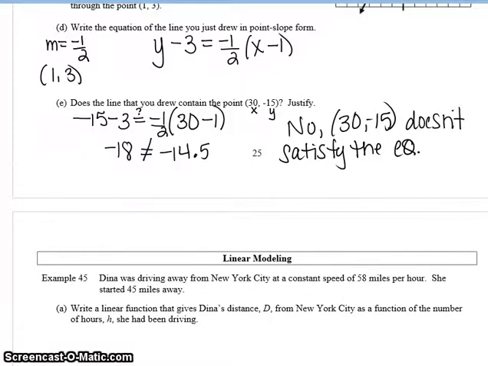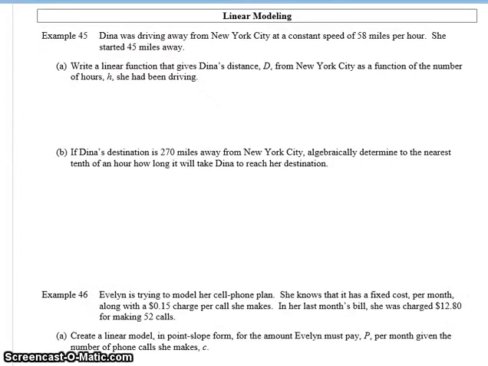Okay, moving on here. Example 45, linear modeling. So basically the word problems now with linear equations. Dina was driving away from New York City at a constant speed. So constant speed is your change, your slope. 58 miles per hour. She started 45 miles away.